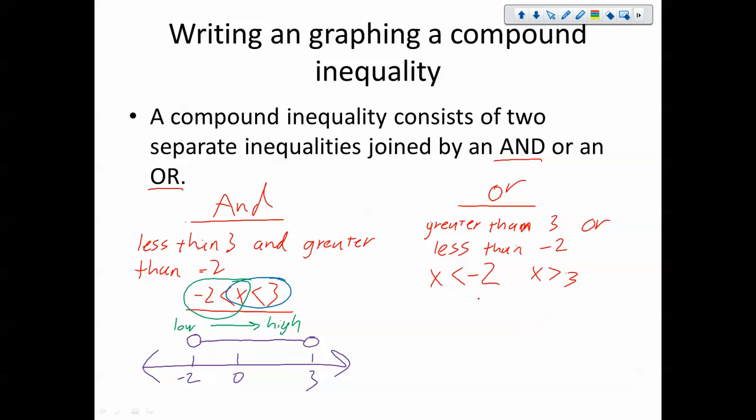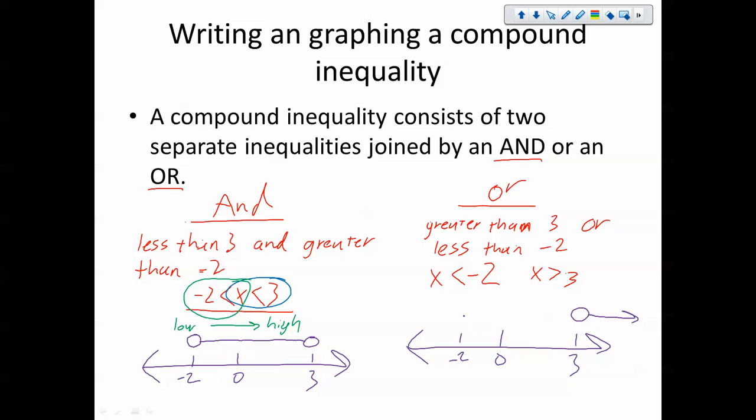So notice that with an or statement, I've written it as two inequalities. With an and statement, we have this compound thing that we put together. With an or statement, we write the two separate inequalities. And our graph, instead of being a line that connects them in the middle, we have an open circle on 3. And then this is everything bigger, so that's going that direction.